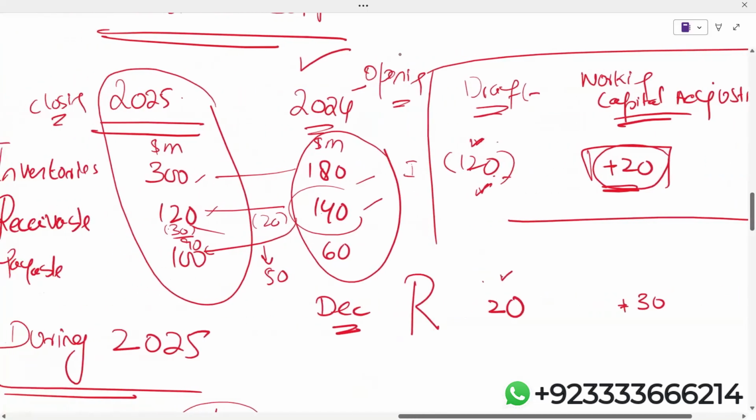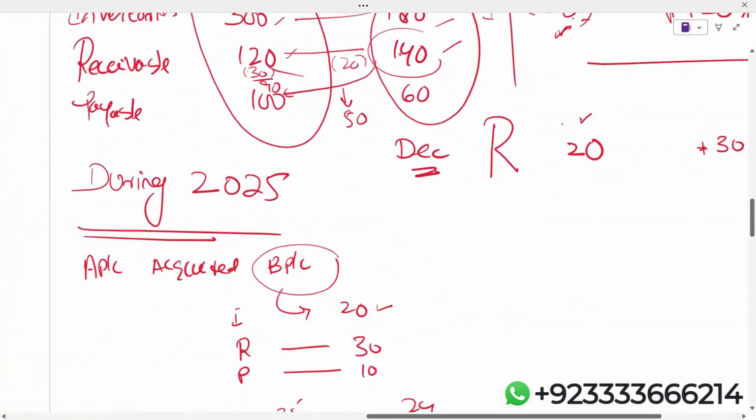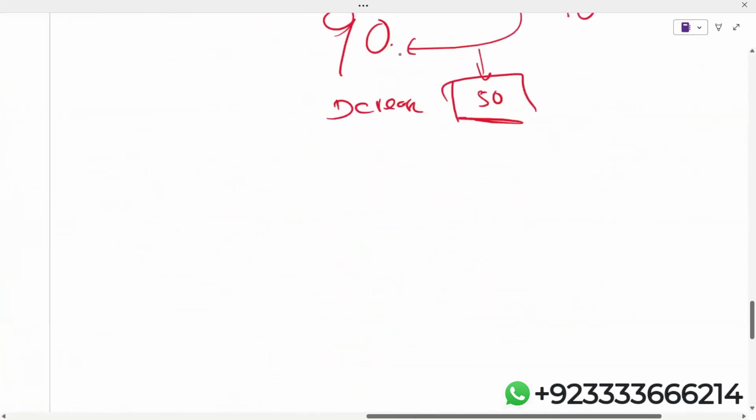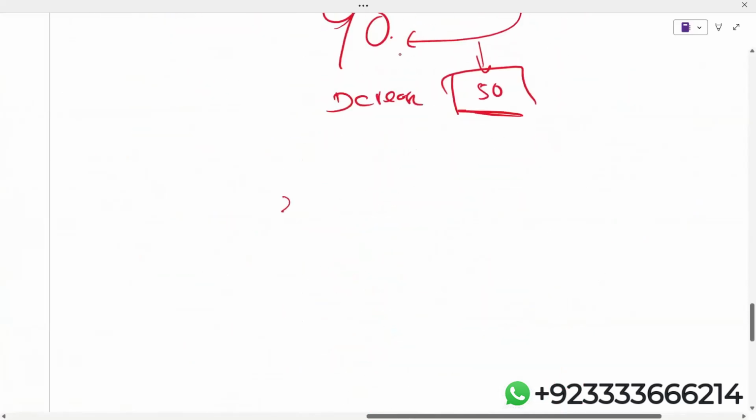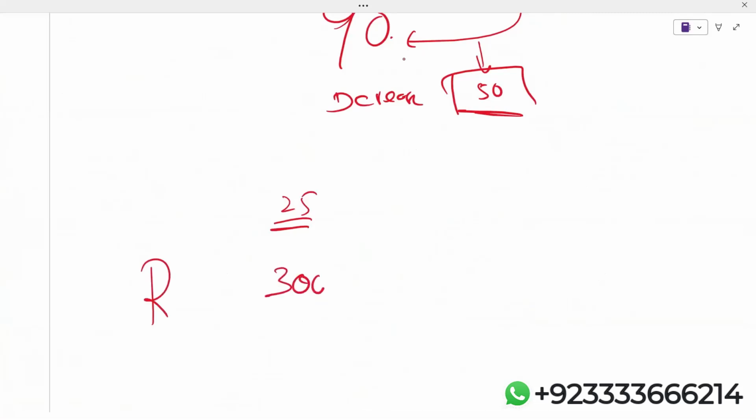Another way, let me give you one more example. Assuming the 2025 receivable balance is 300, and in 2024 the balance is 200. Keep watching, students, very important now.